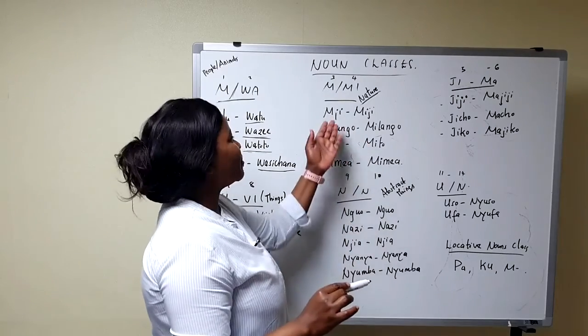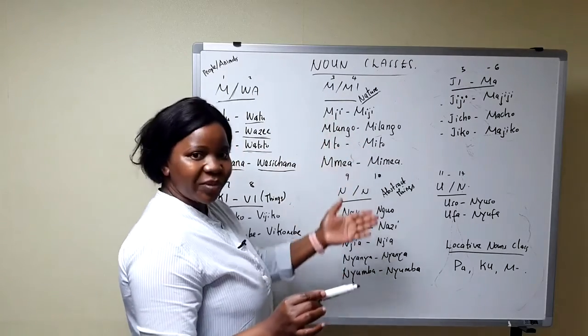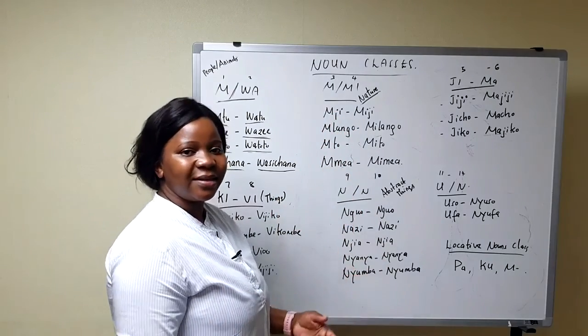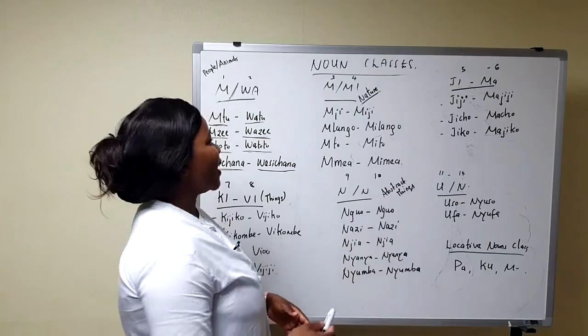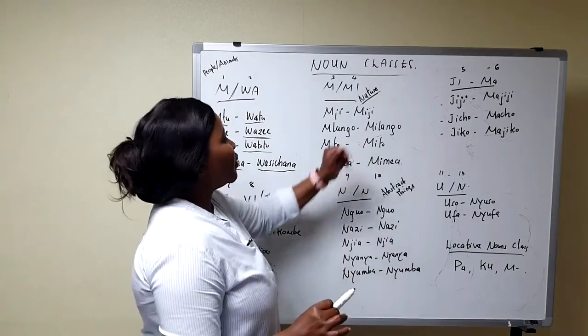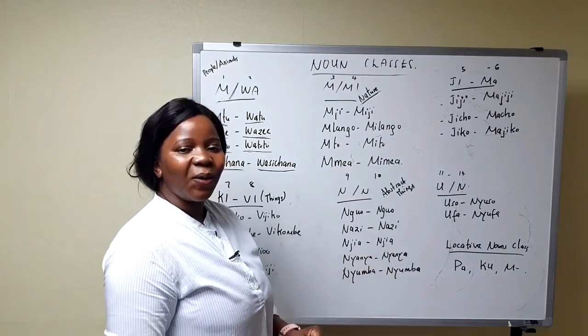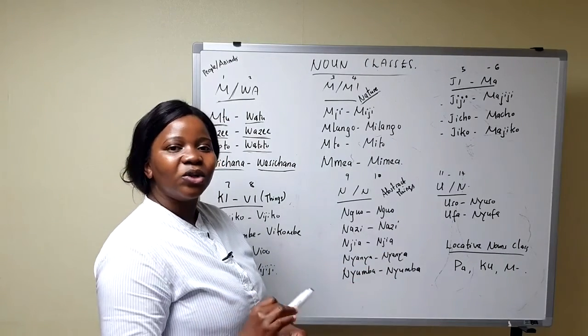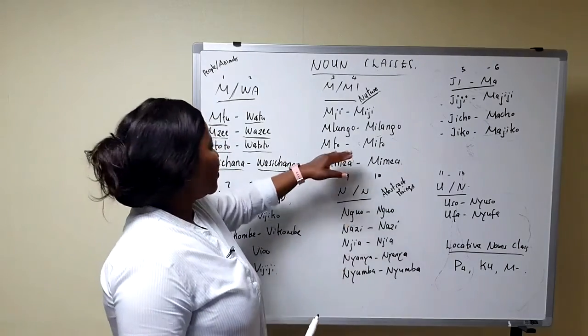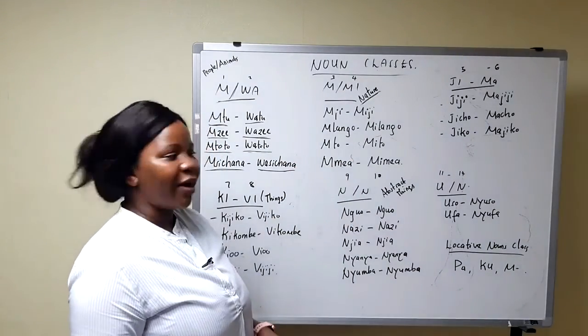In Swahili, city is mji. So in plural, miji, cities, miji, okay? Mlango is a door. In plural, milango, milango, doors, okay? Mto is a river.